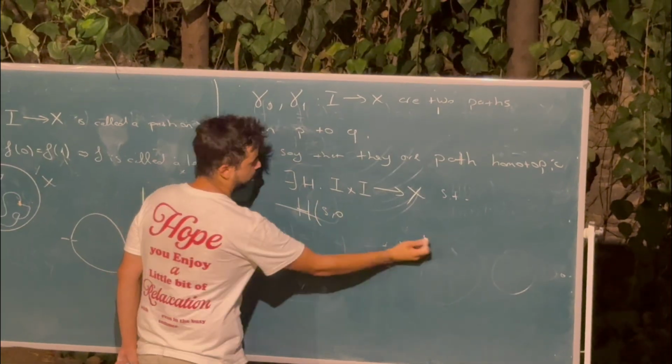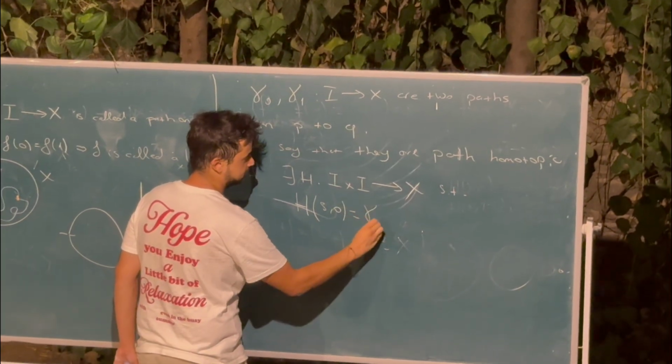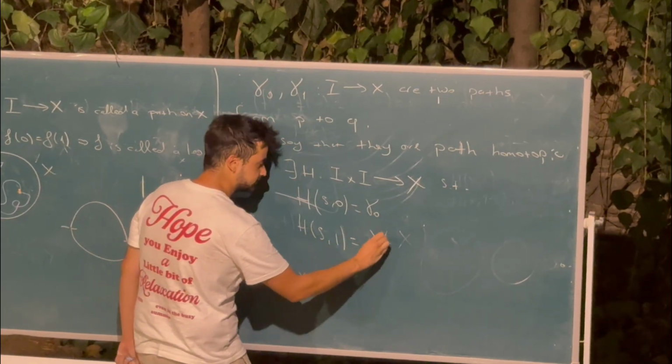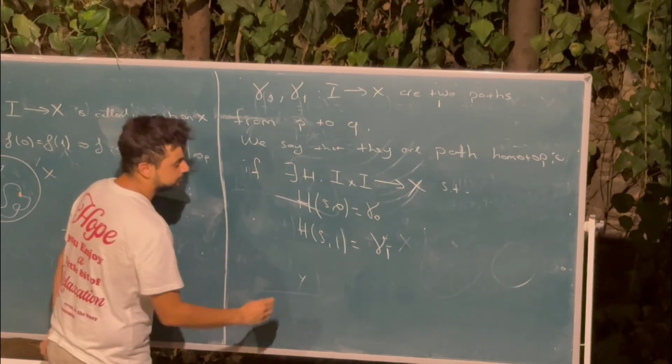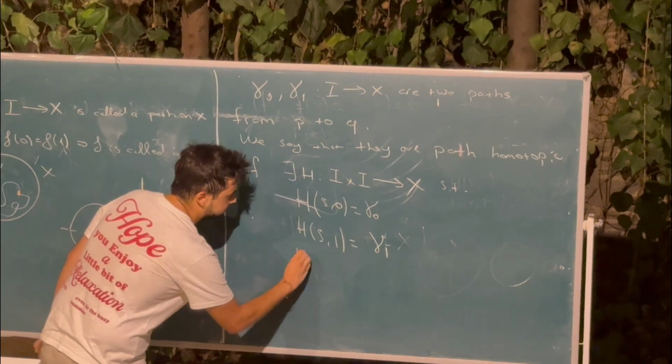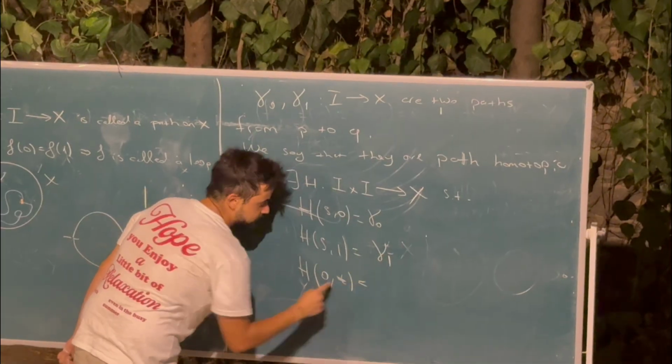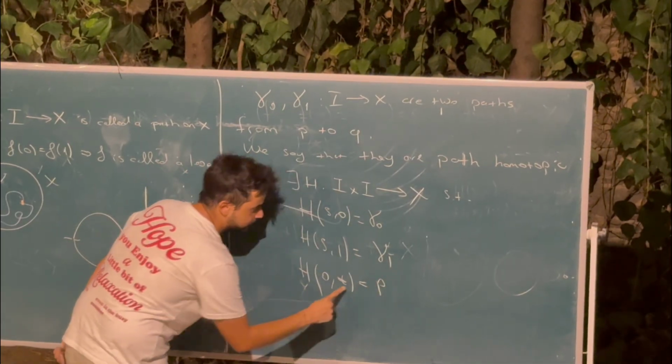I want this to be one of my paths at time 0, and at time 1 I want this to be my other path. But I also want the starting point to be P at all times, and the end point to be Q at all times.